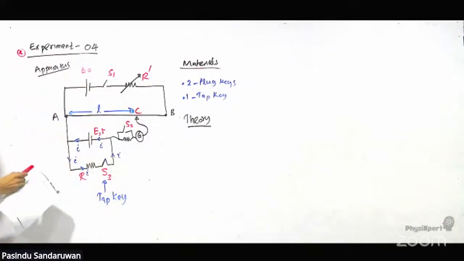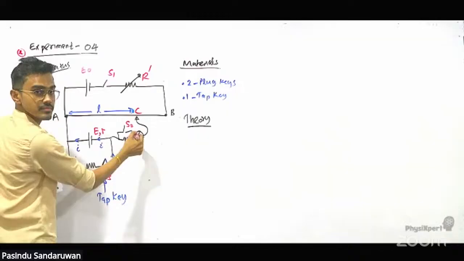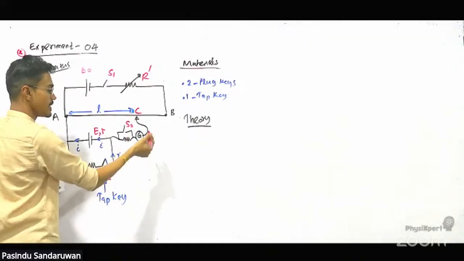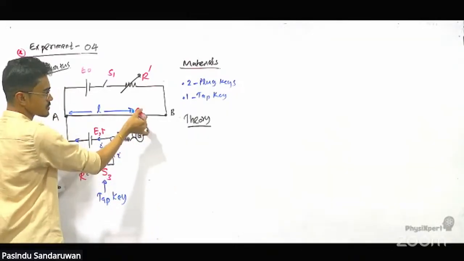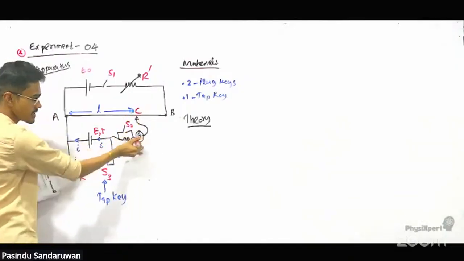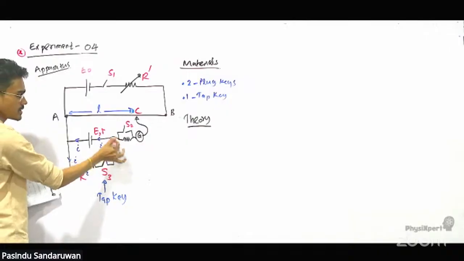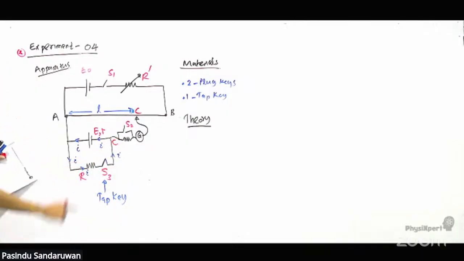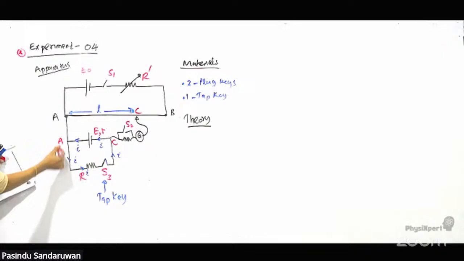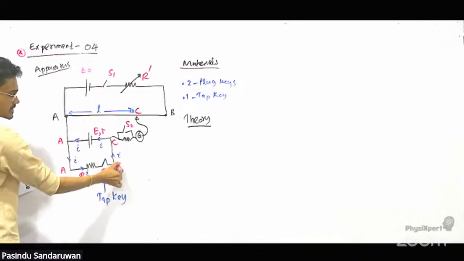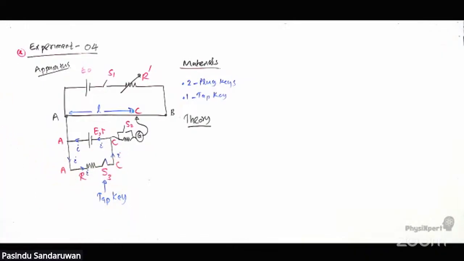But at the balance point, still there are no currents to the galvanometer. Since there is no current to the galvanometer, if this point is C, there is no potential difference across any of these devices. Up to here, that will be C. Since this point is A, if that is A, this is also A. If this is C, this is also C.